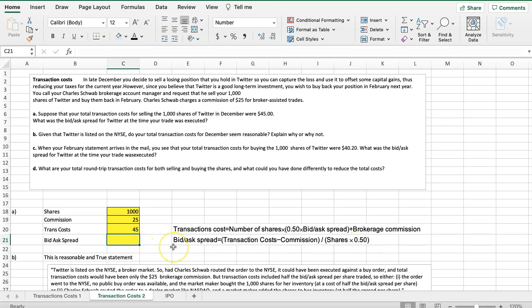So let's try this out. Okay, so I'm going to start the equation, and I'm going to open parentheses, transaction costs minus the commission, and then I'm going to divide that by the shares of stock, times 50%.